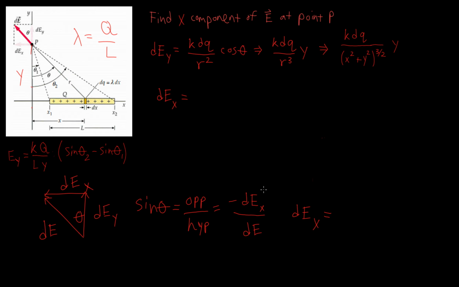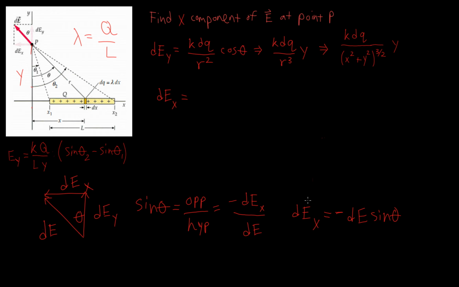And so if we solve for the electric field in the x direction, if we multiply both sides by dE, we would just get that dEx equals dE times the sine of theta, and there's a negative sign over here. So if we multiply both sides by -1, we would get the negative over here.